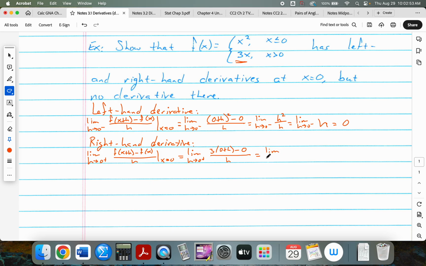So it'll be the limit as h goes to 0 from the right of 3h over h, which is the limit as h goes to 0 from the right of 3, which is 3.